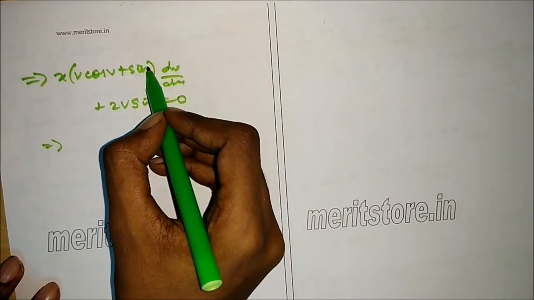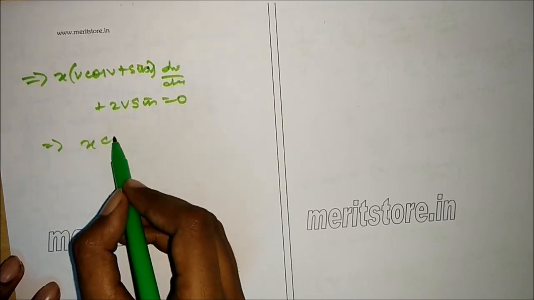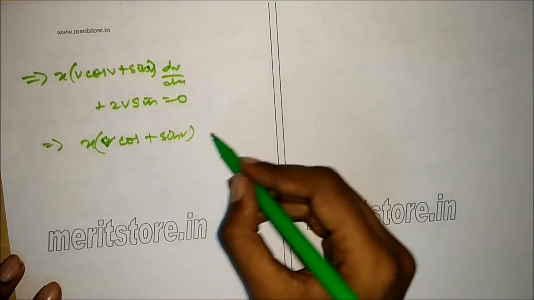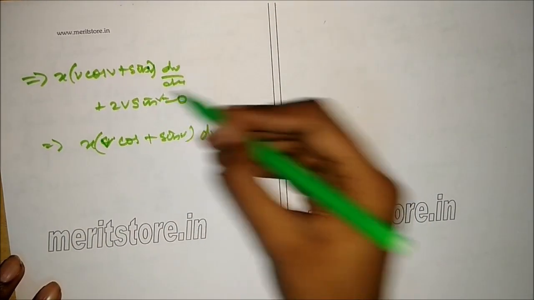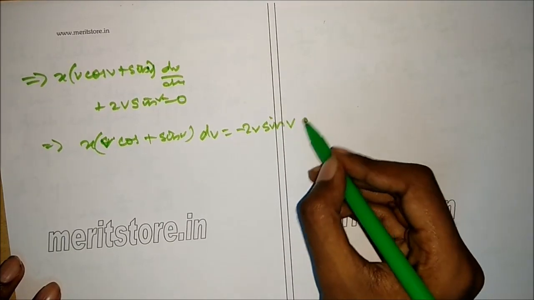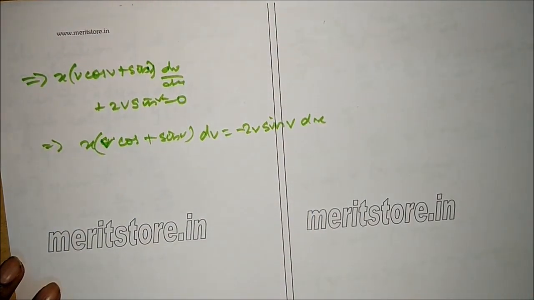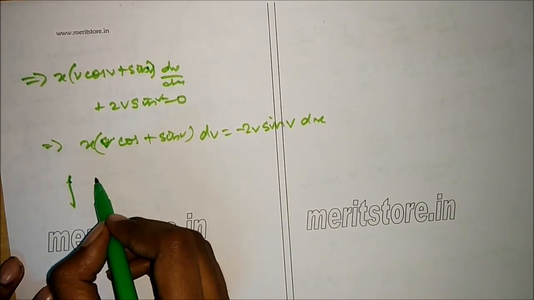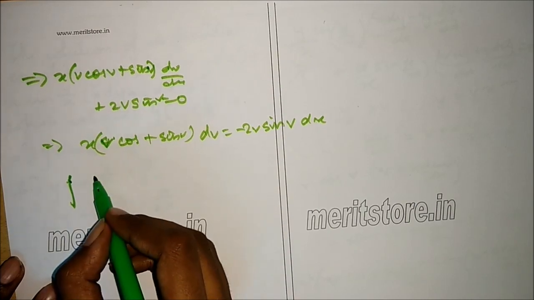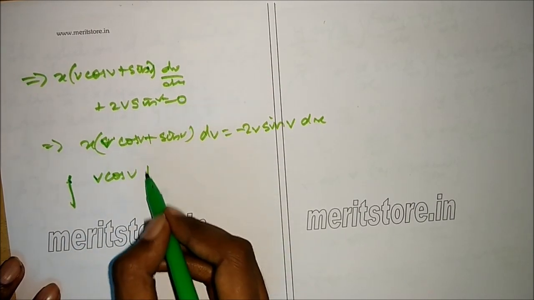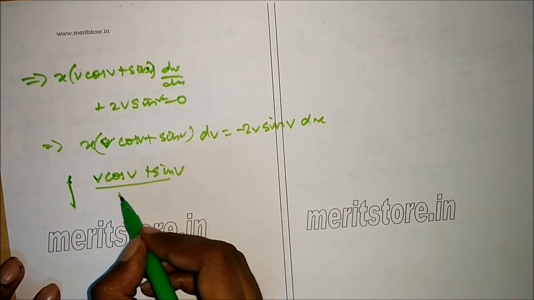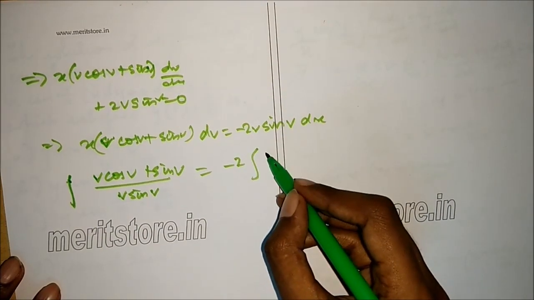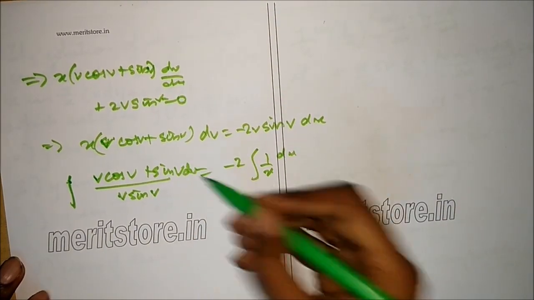That is equal to x (v cos v plus sin v) dv is equal to minus 2v sin v dx. So bringing v terms on one side and x terms on other side, we get, integrating both sides, (v cos v plus sin v) divided by (v sin v) dv will be equal to minus 2 integration of 1 by x dx.